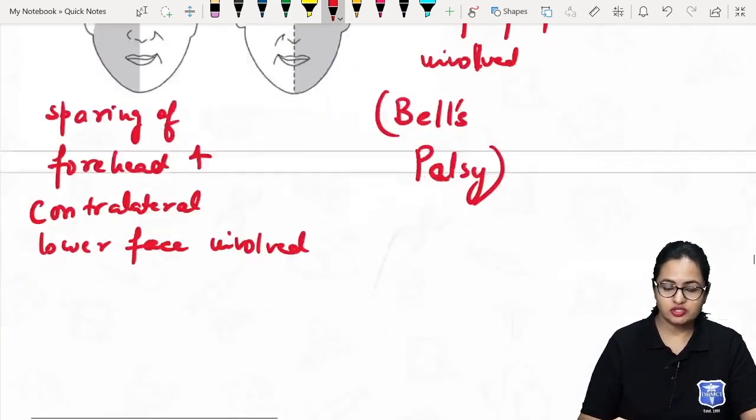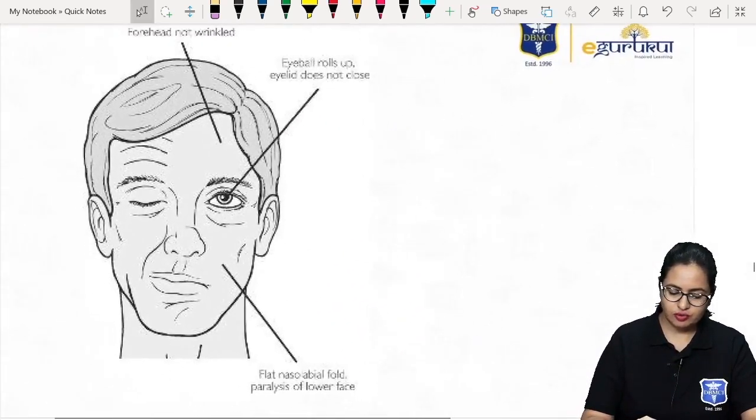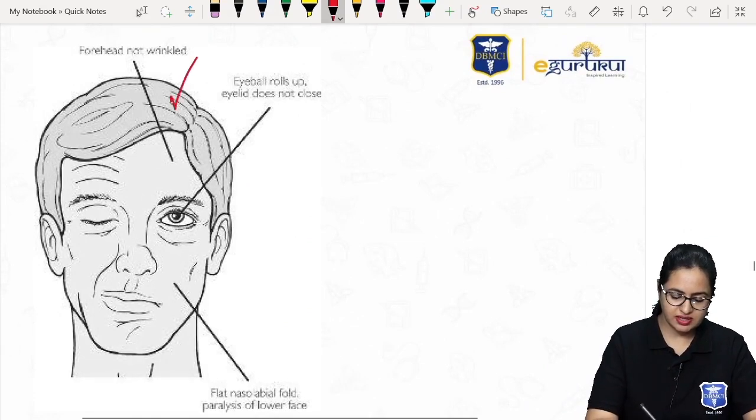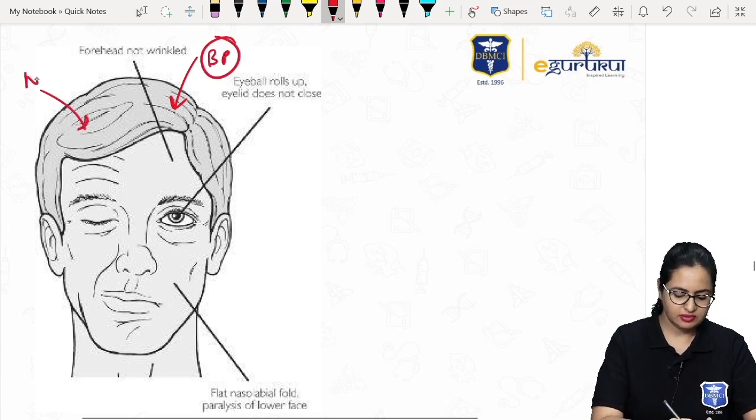Now talking about the features of Bell's palsy, this is the picture showing them. On this side is the Bell's palsy, and this is the normal side.